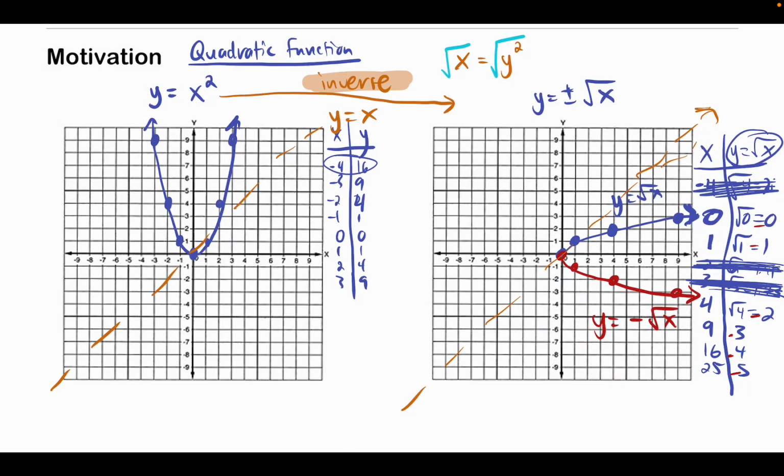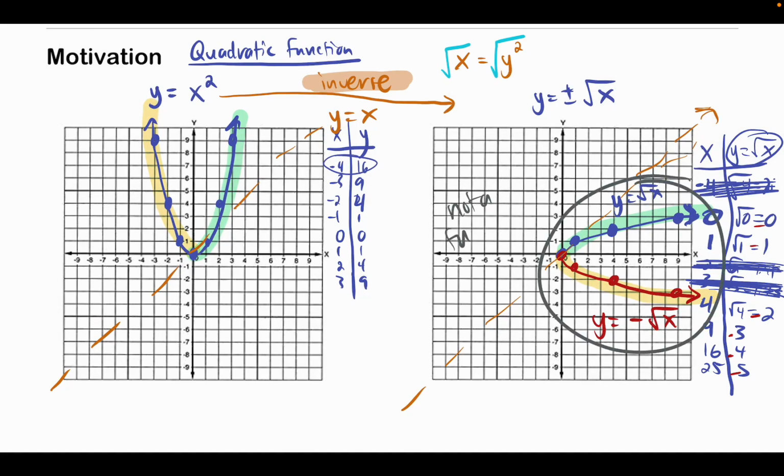Specifically, you should be able to see that this yellow half of the parabola became that yellow half when it reflected, and this tealish half of the parabola became that tealish half when it reflected over y equals x.